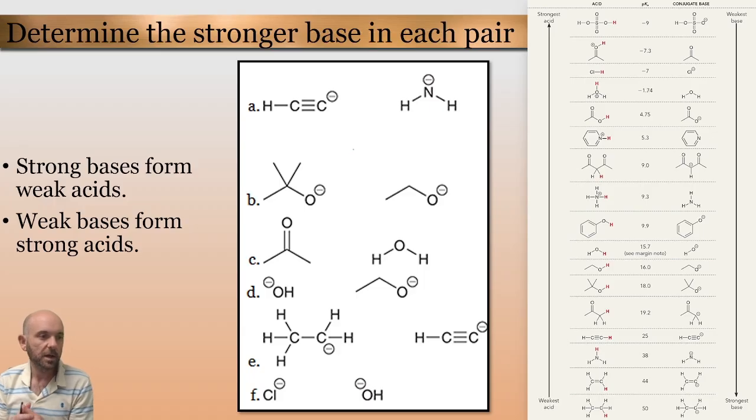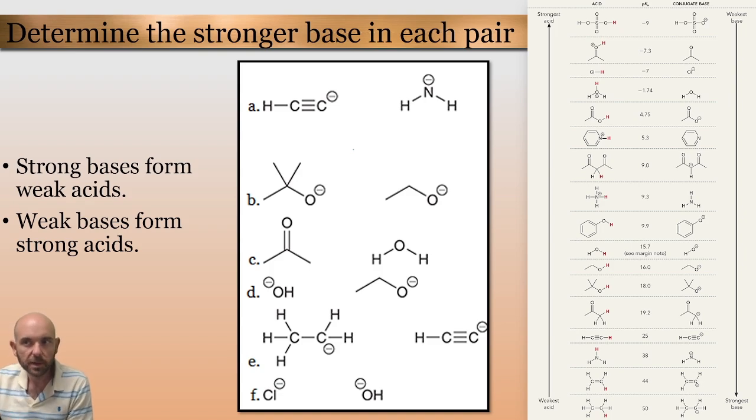And here on this slide, we have the same question asked a different way. We're trying to figure out what the stronger base is in each pair. And we want to keep in mind that for bases, it works in this odd reverse scenario. Strong acids make weak bases, and weak acids make strong bases.